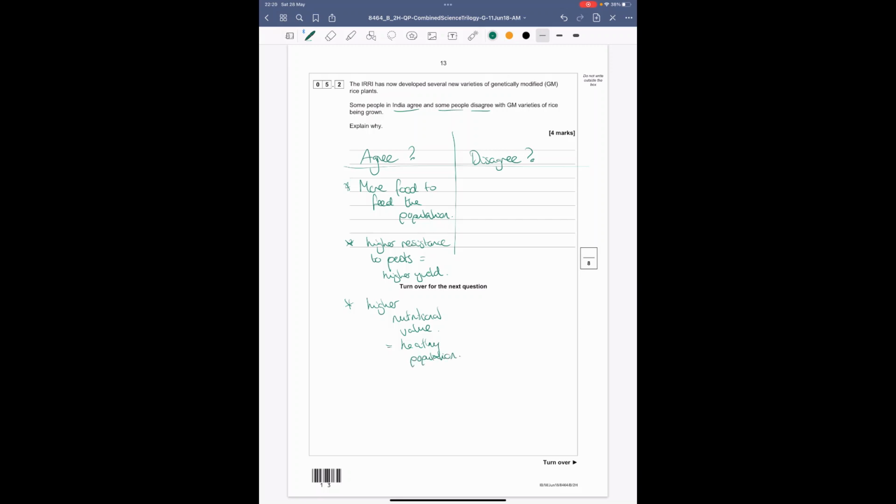So why might people be against GM plants? Well, we're not actually sure, if you've got a really competitive, really successful plant, what it might do to wild plants. How might it affect ecosystems if it got out?